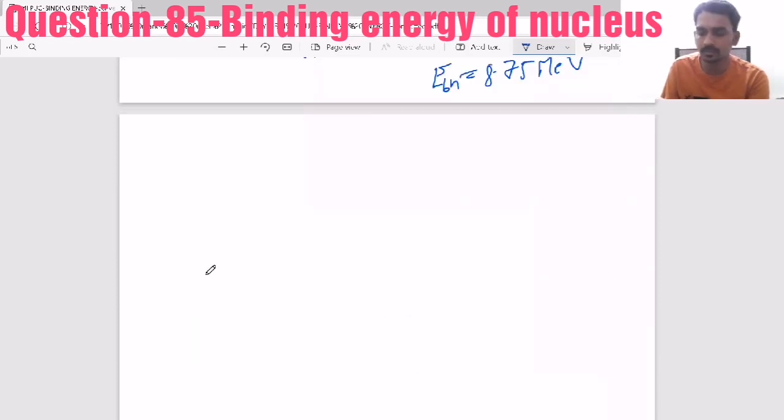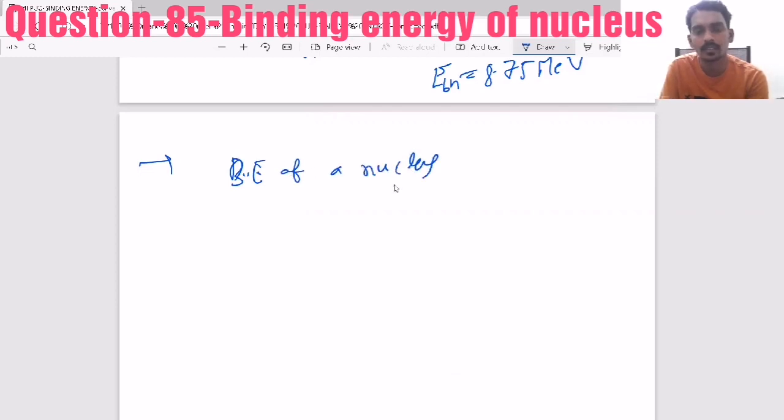Now, sometimes they will ask a question like, what is the binding energy of a nucleus? Then you have to take delta E equal to delta m c square.